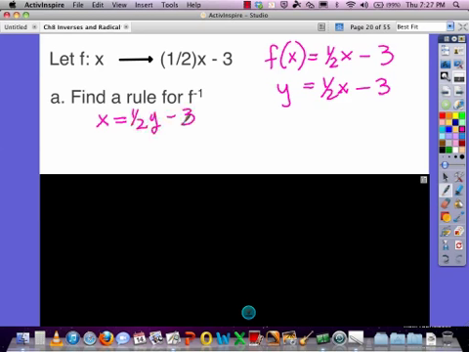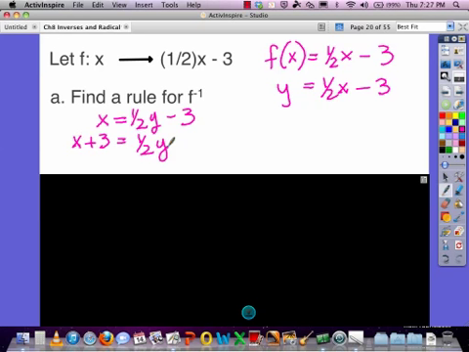That's face value. That's not going to be acceptable. You need it with y by itself, because that's what we use in most cases in our algebra. So let's move the 3 to the other side. That would give us x plus 3 equals 1/2 y.